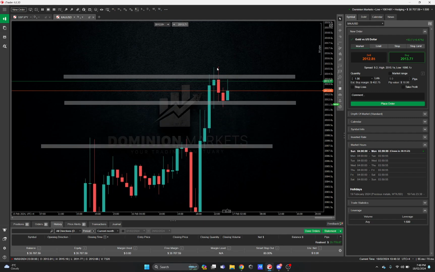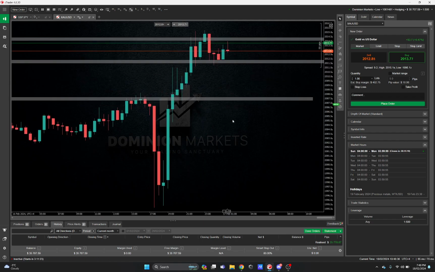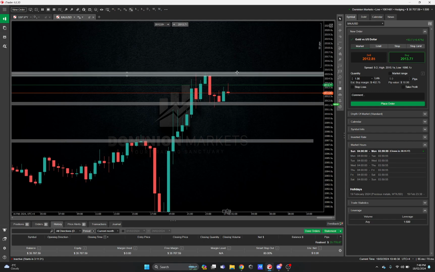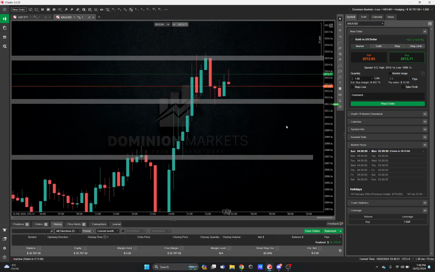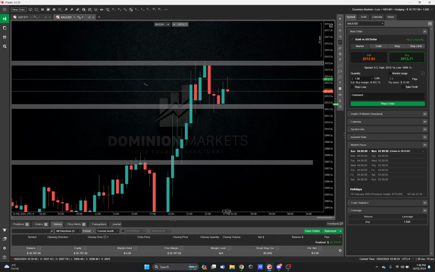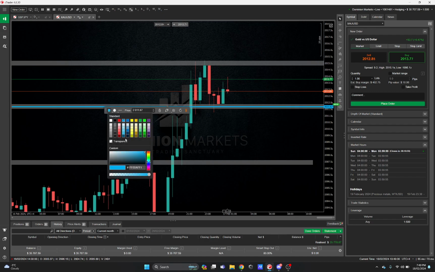Okay, let's take a look here on the 30-minute time frame. Of course, we've got a resistance at 2015 and a support at 2011, and this means price is just ranging. We're in this 33 pip range. Let me make this a little bit thicker, and make it a blue color.